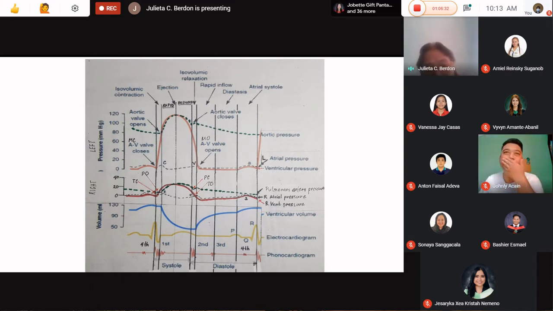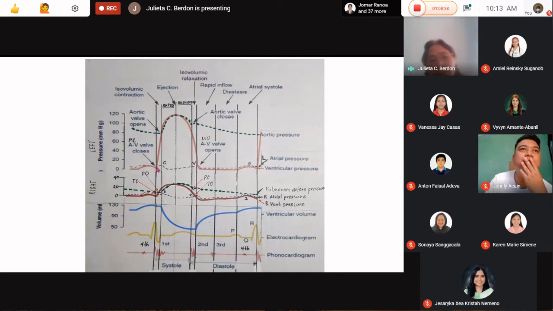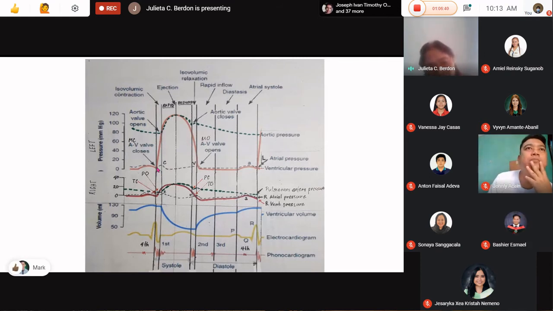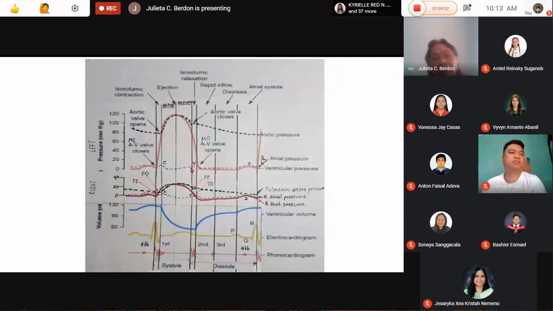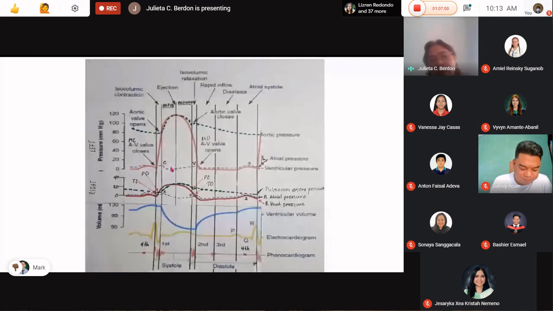Systole is from the onset of isovolumetric contraction to the end of your reduced ejection, or to the beginning of the isovolumetric relaxation phase. That will be your systole, while diastole is from here to there.